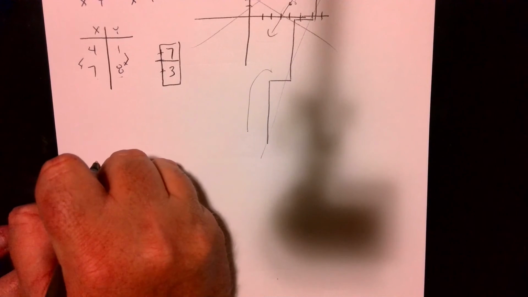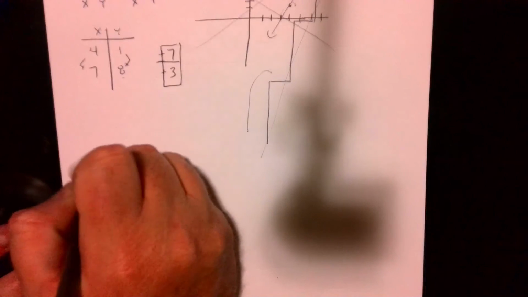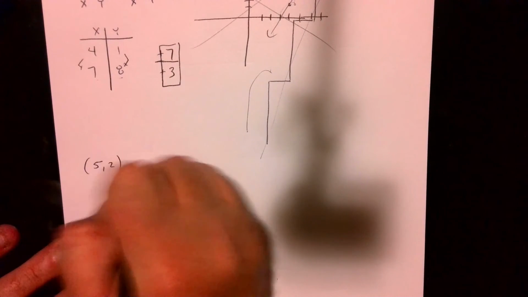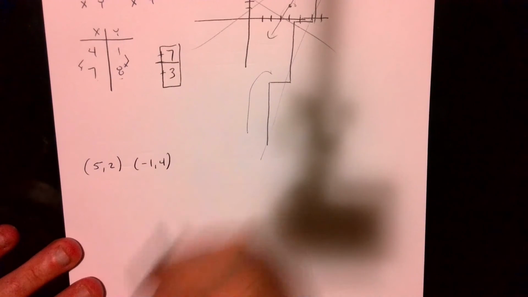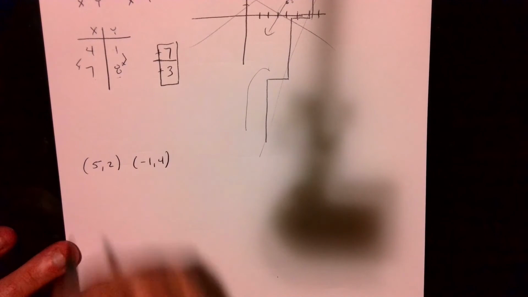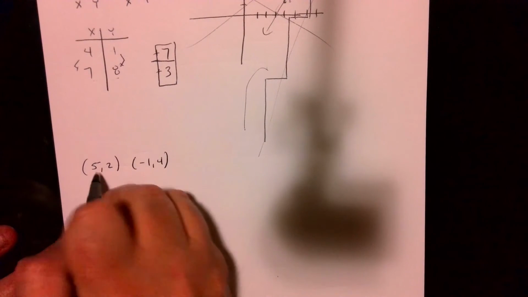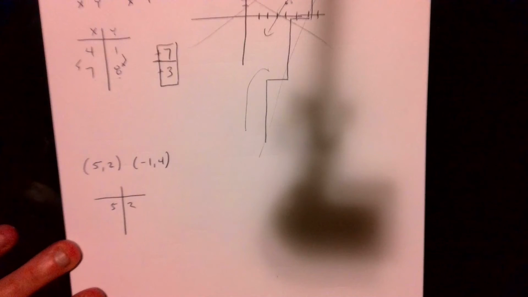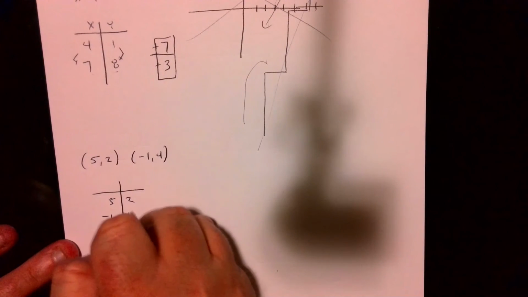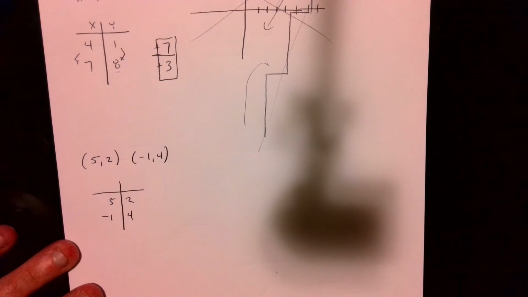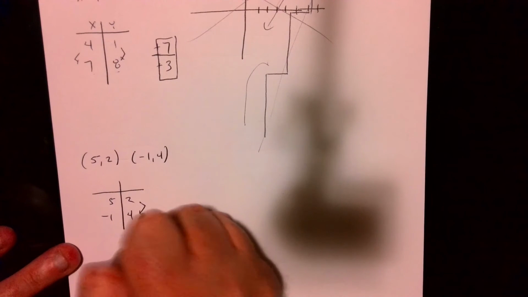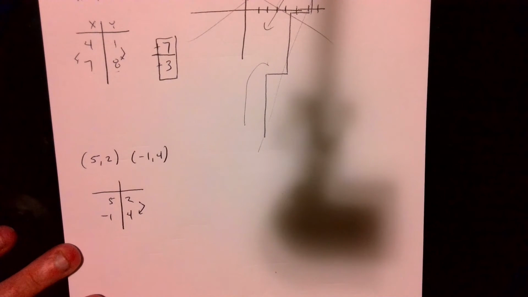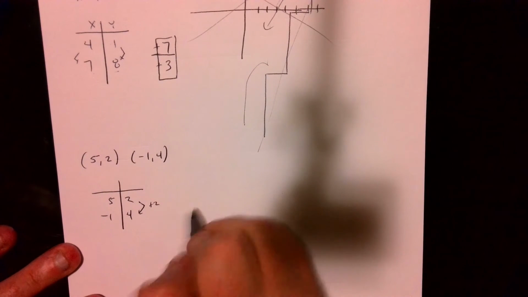So let's say we have the ordered pairs of 5, 2 and -1, 4. I'm just going to simply make a T-chart real quick. 5, 2 like that. -1, 4 like that. And do our change in y. From 2 to 4 we are adding 2.